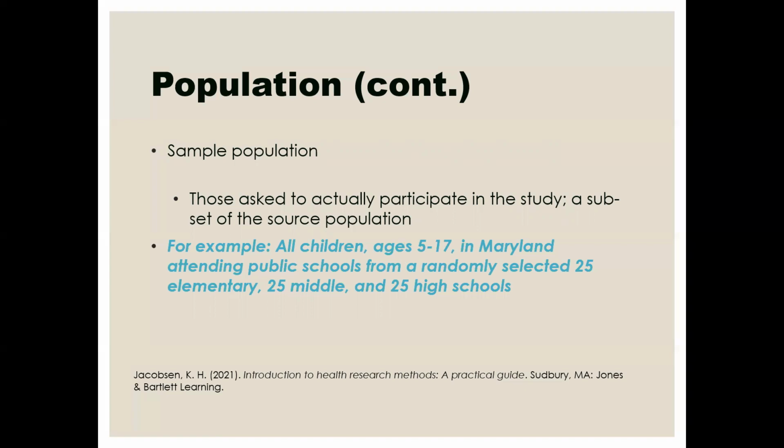The strategy we used, random selection, narrowed the sample down to just 25 elementary, 25 middle, and 25 high schools. It's still a large group, but much more truncated than all of the students who meet this age range in Maryland.